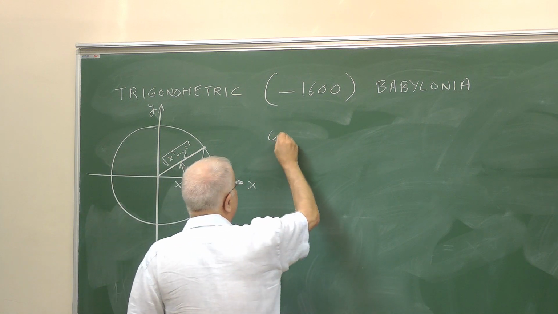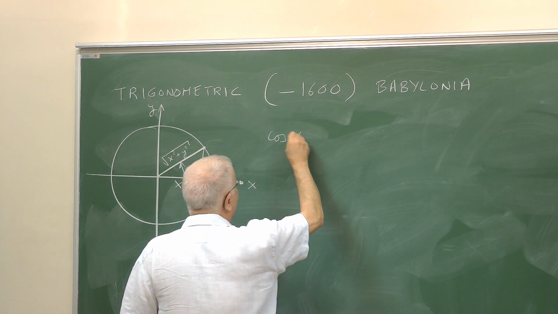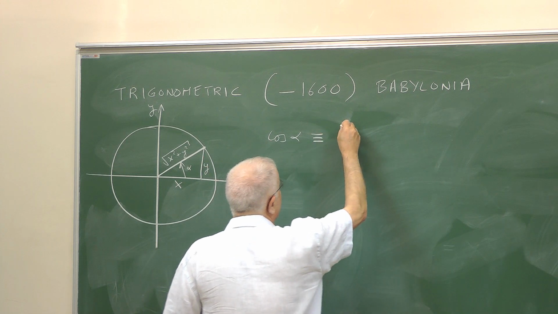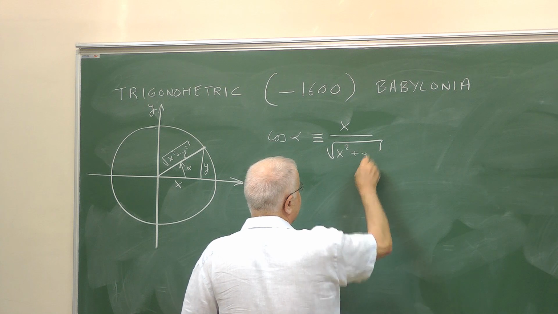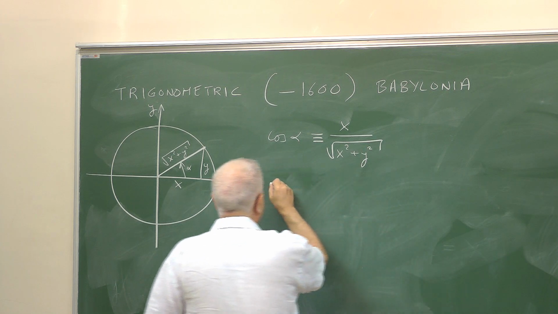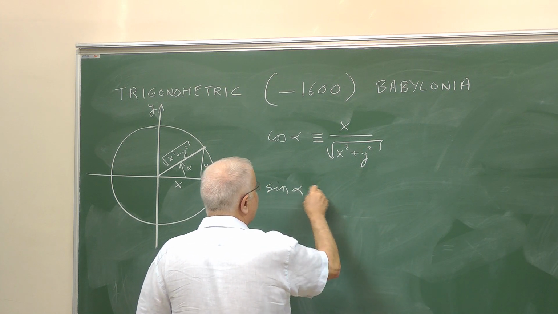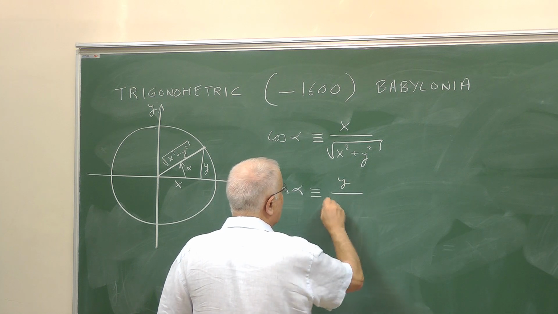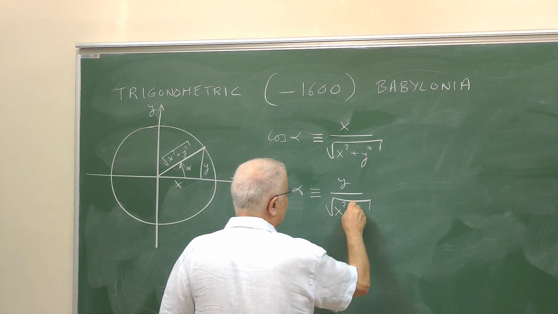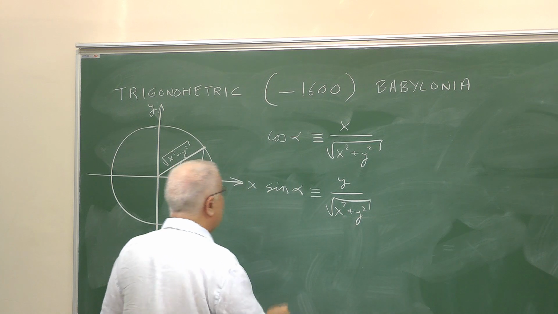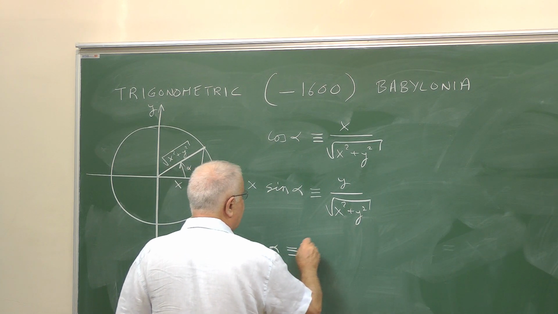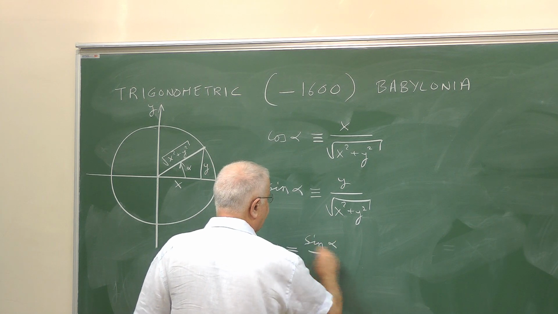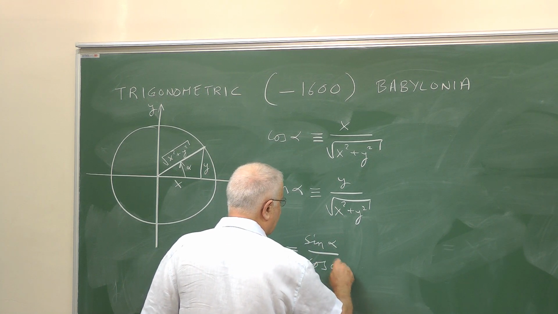Then we first define cosine alpha, which is x over square root of x squared plus y squared, and sine alpha, which is defined as y over square root of x squared plus y squared. Of course, we define tangent alpha as sine alpha over cosine alpha.